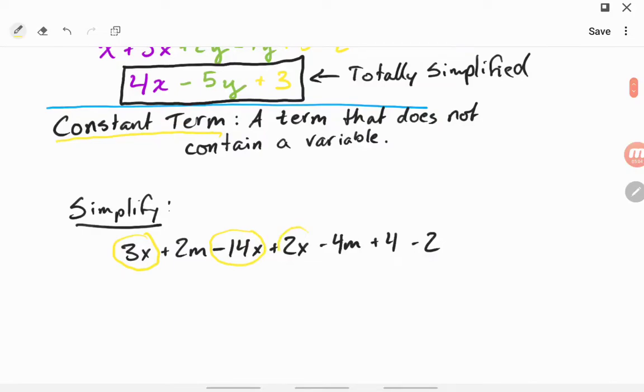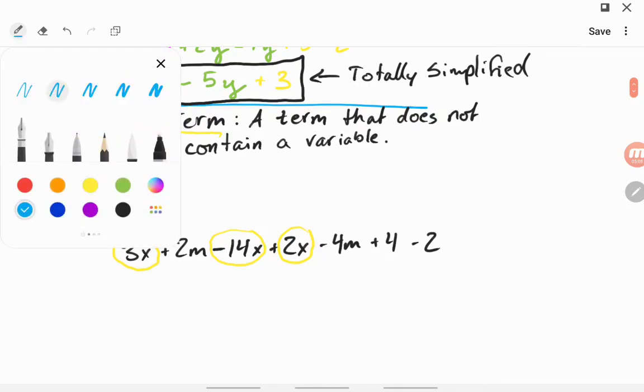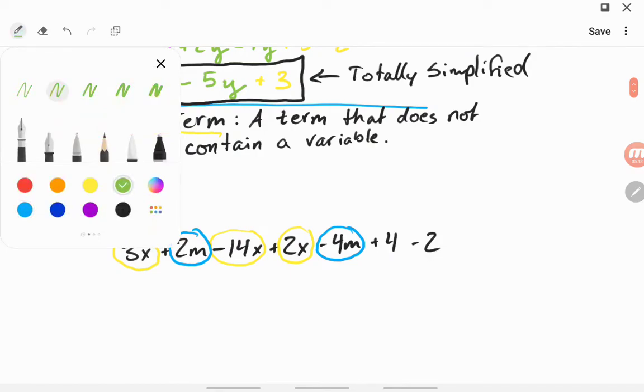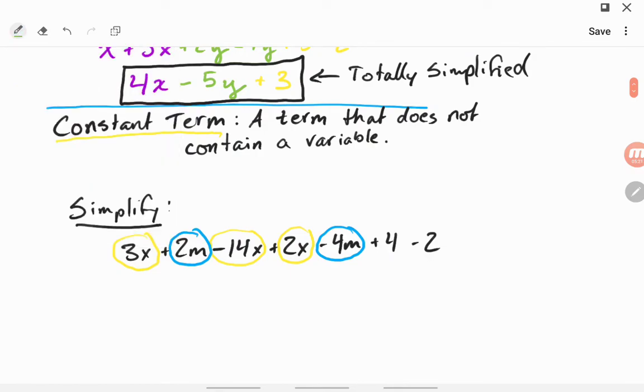I've got a positive 2x. All right, so that's it for those. Let's see, a positive 2m and a negative 4m. And it looks like our constant terms, we've got two of them, a positive 4 and a negative 2.